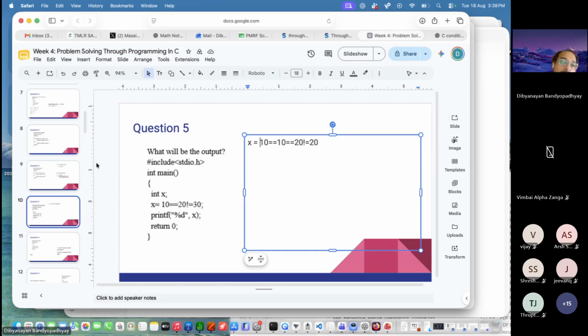And let's spice it up more. Let's place a 1 here and maybe some minus 20 here. So this is the expression you are given to evaluate. First, you have to see the precedence and the associativity.